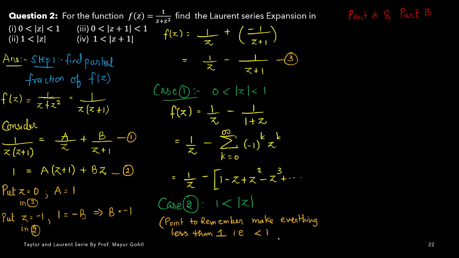So how do I make this now? Let us understand this carefully. What is the meaning of 1 is less than mod z? The meaning is 1 upon mod z is less than 1.